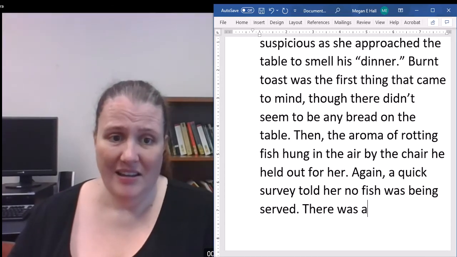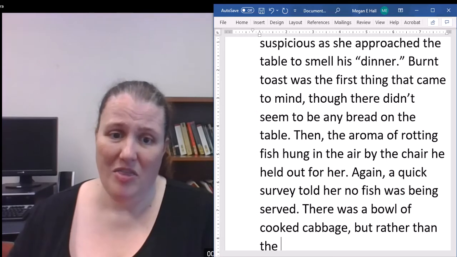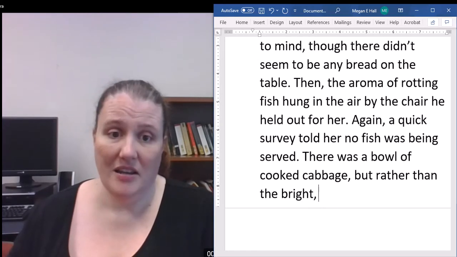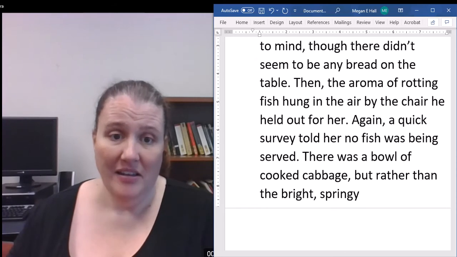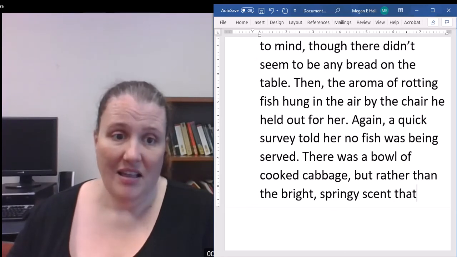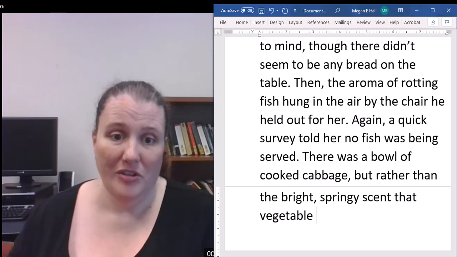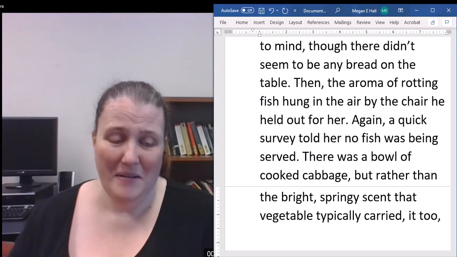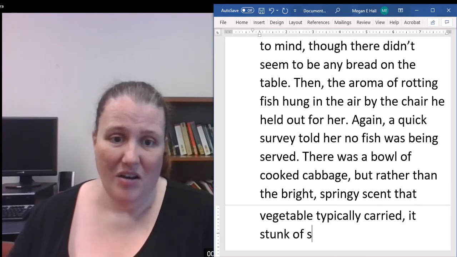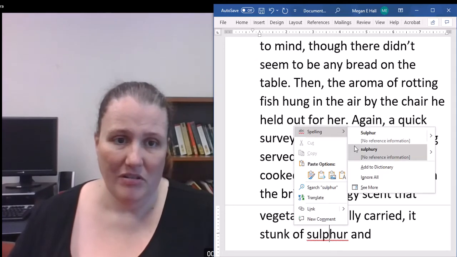There was a bowl of cooked cabbage, but rather than the bright, springy scent that vegetable typically carried, it too stunk of sulfur.